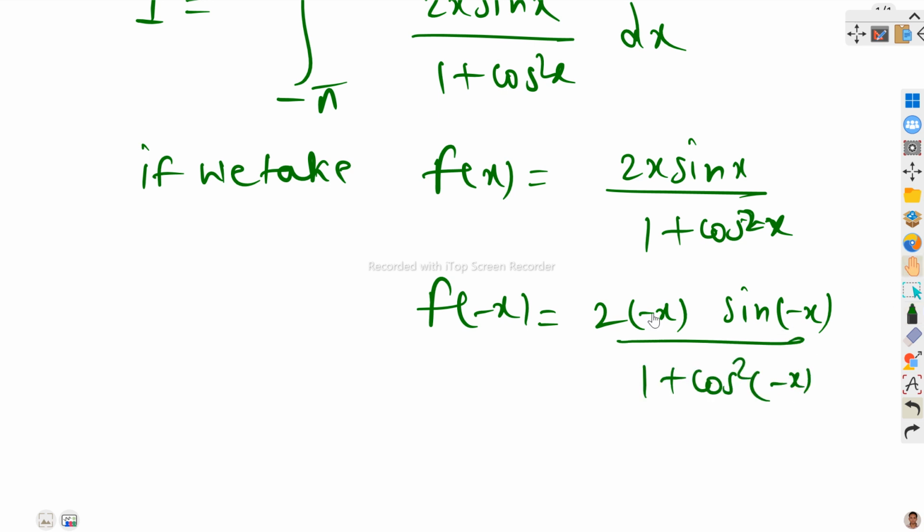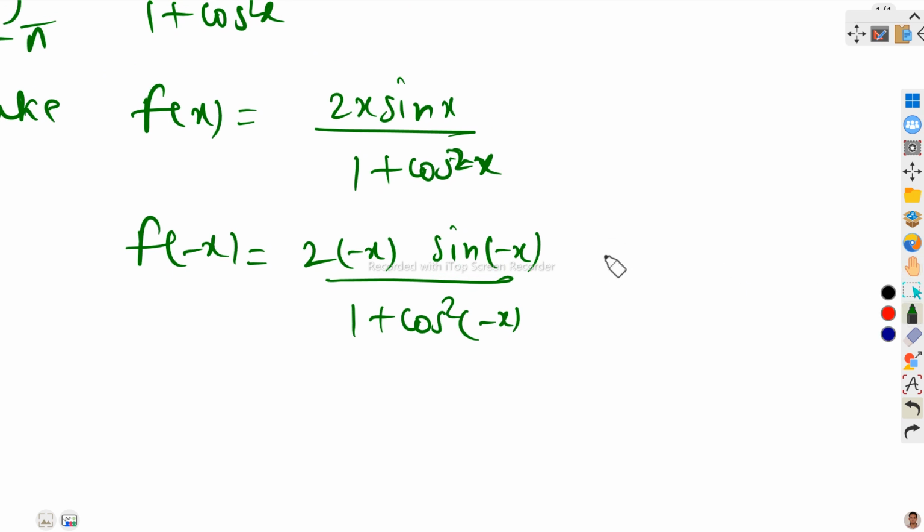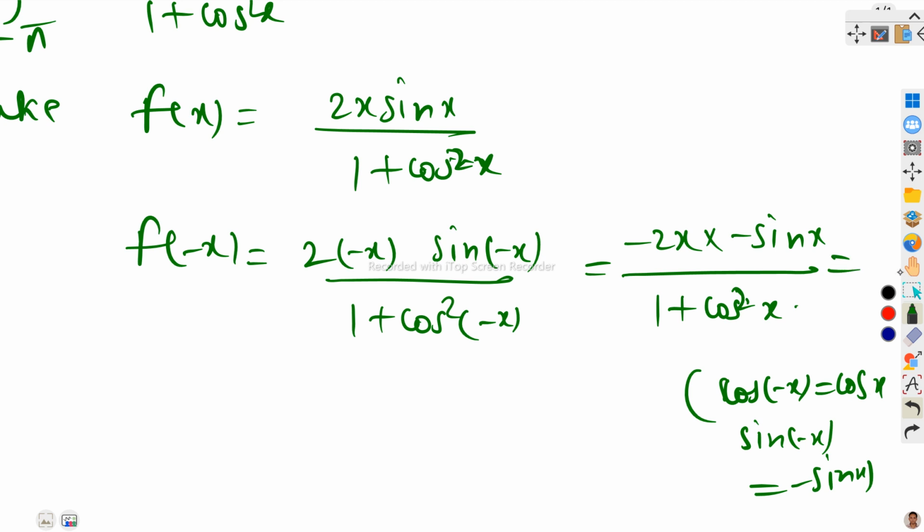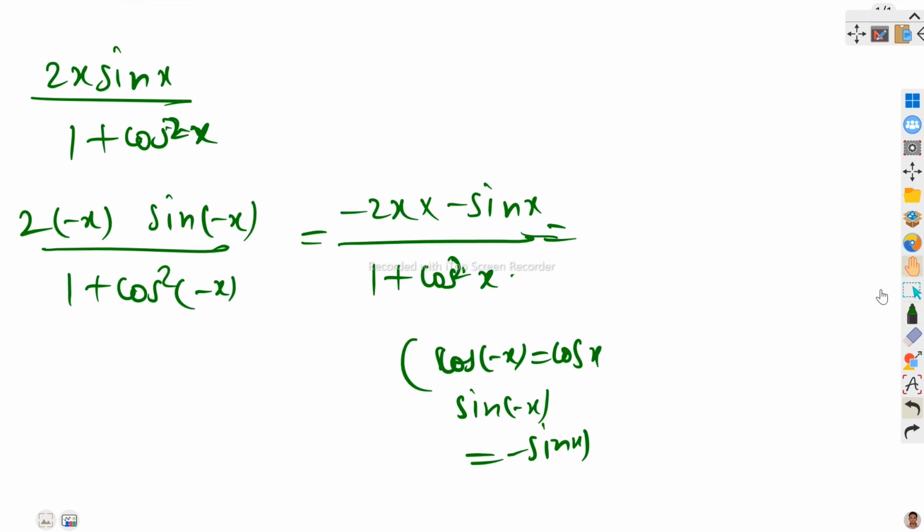We know that this is minus 2x, and sine of minus x is minus sine x, and cos of minus x is cos x. After multiplying, the value of this function becomes 2x sin x upon 1 plus cos²x, and this is f(x).